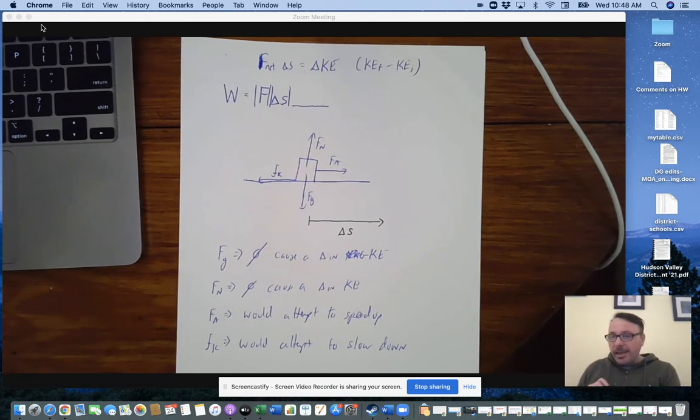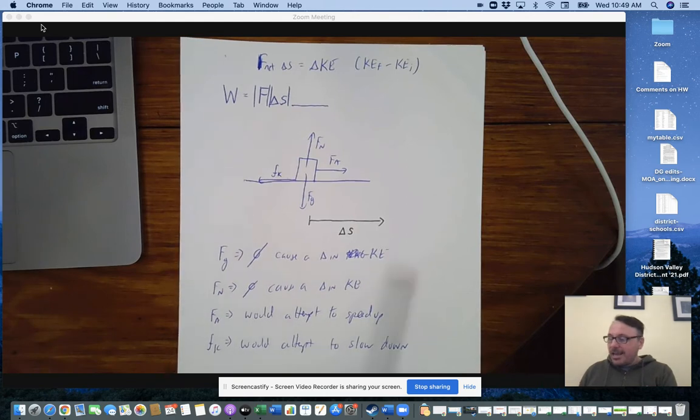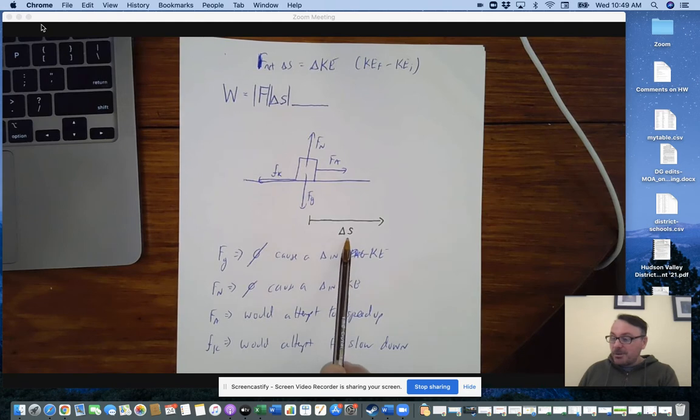When I use the applied force, it needs to end up with a positive result. When I use the kinetic friction, it ends up with a negative result. And when I have this, it ends up as zero. So what are we going to do here? Well, hopefully you start seeing that we're going to need to talk about the relationship between the displacement vector and these vectors.